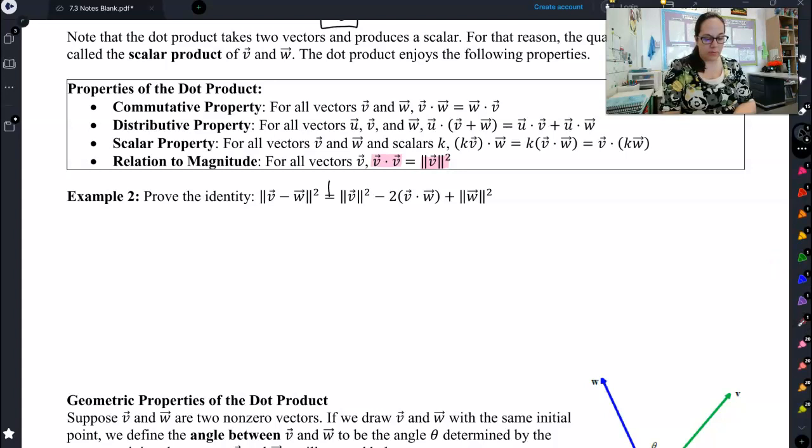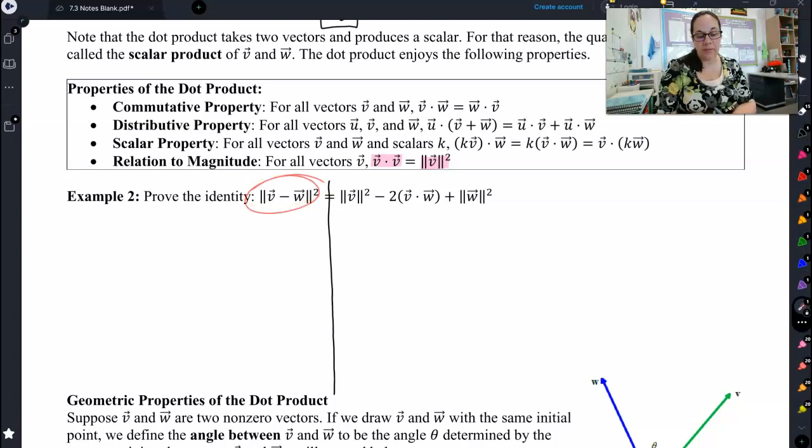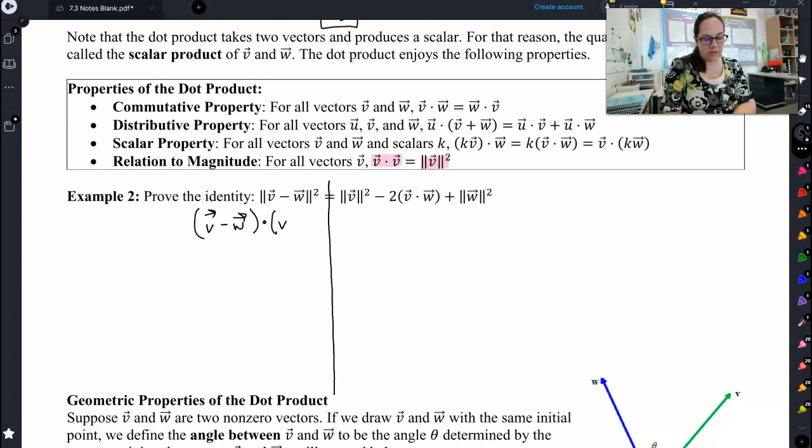So here's what we're going to do. We're proving, so I'm going to draw my line down here. And I'm going to start on the left-hand side. I'm going to square this. So what I'm going to do is start right here and use this definition, where if I have magnitude squared, that's the same thing as vector v minus vector w times itself.